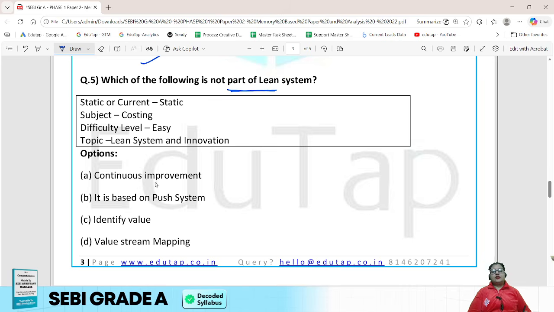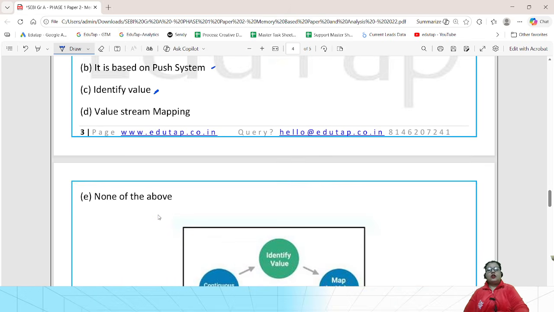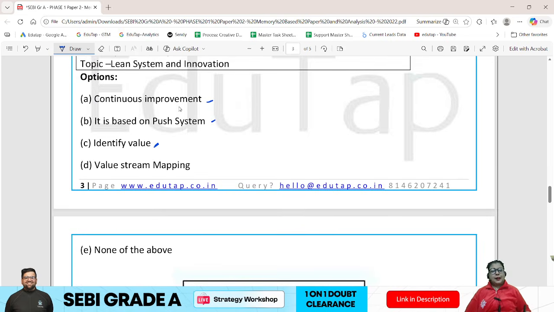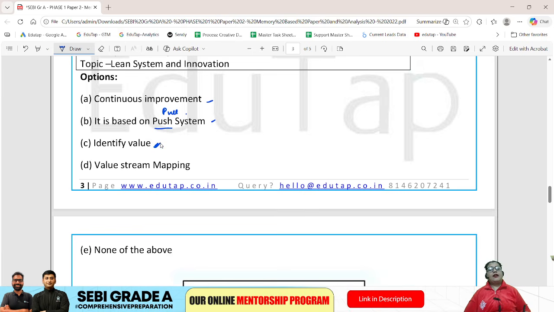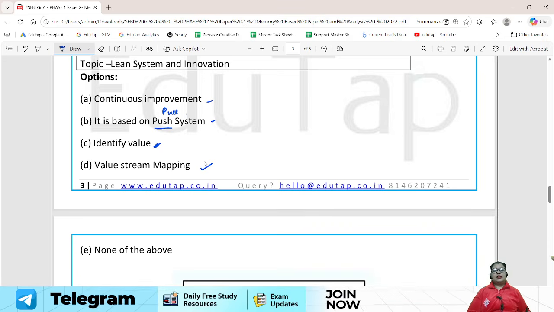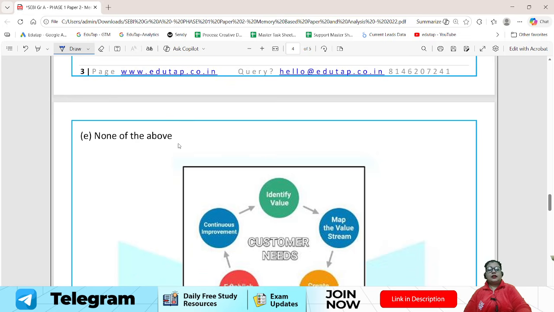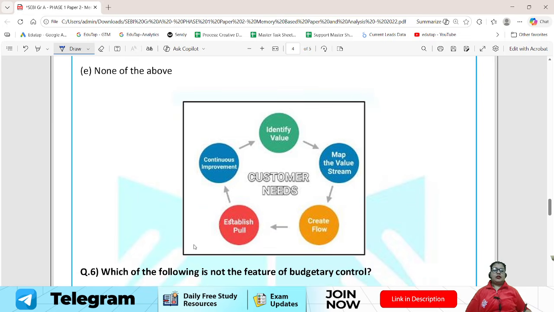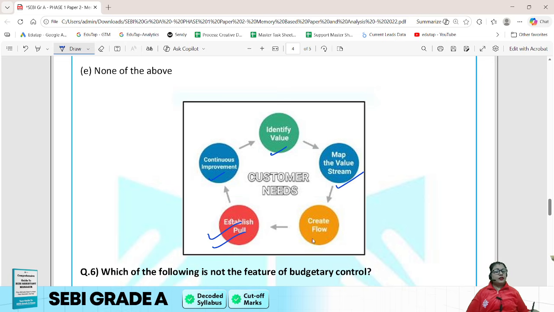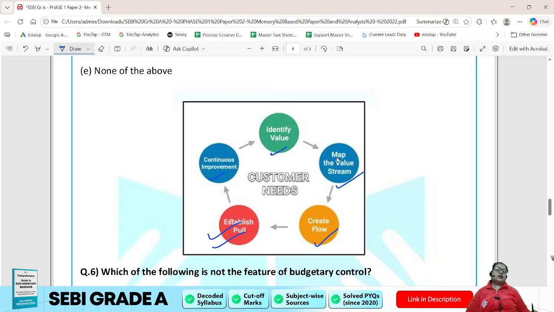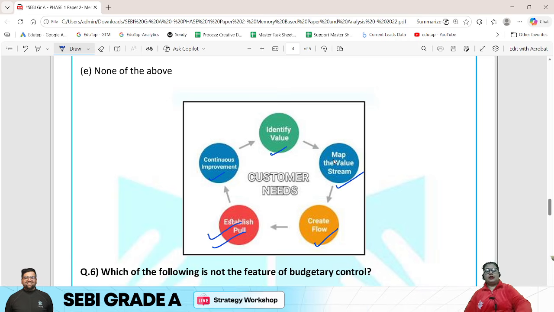Continuous improvement, it is based on push system, identify value streaming, or none of the above. So basically continuous improvement is also a part of it. It is based on push system, no, it is based on pull system, that we will fulfill the demand that exists. Identify value streaming and all these are part of it, right? These are all the parts of lean system, but it is based on push system is wrong because it is based on pull system to establish the pull. Okay. Continuous improvement, identifying value, map the value stream and create flow. These are the 5 systems you can say which are a part of lean management or lean system.